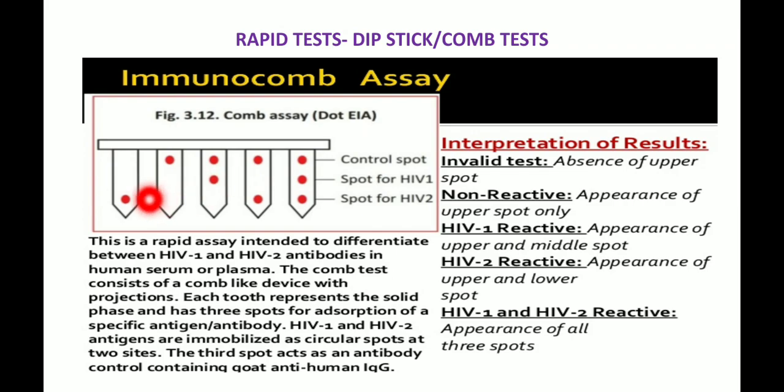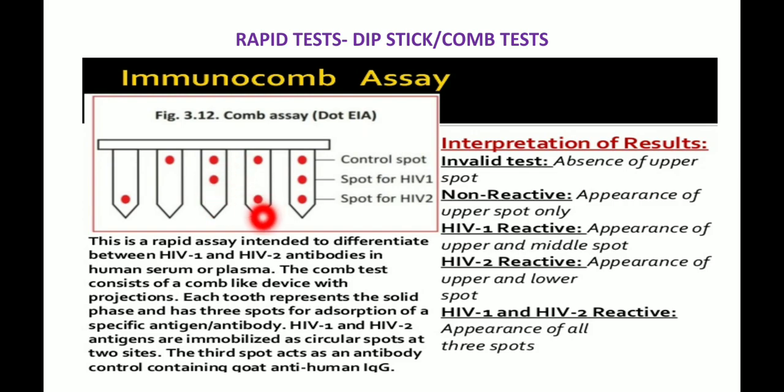Again, like in the other rapid assays, you have a valid test and an invalid test. An invalid test will result when there is no upper spot here. Okay, and these are valid tests, where you can see the control spot is present. Now if only HIV-1 antibody is present, only this spot will be seen.